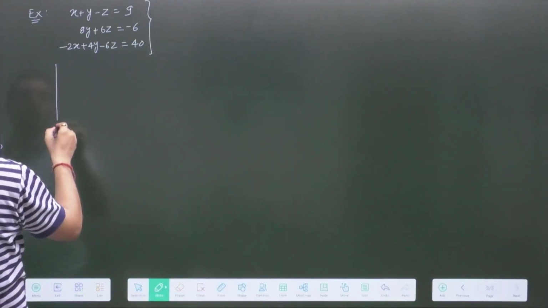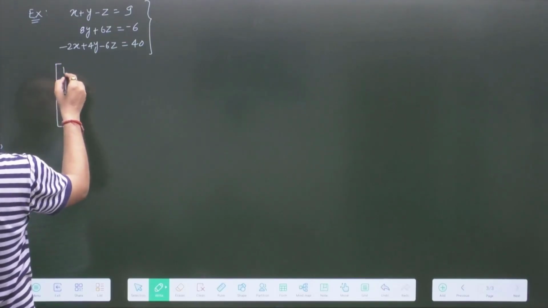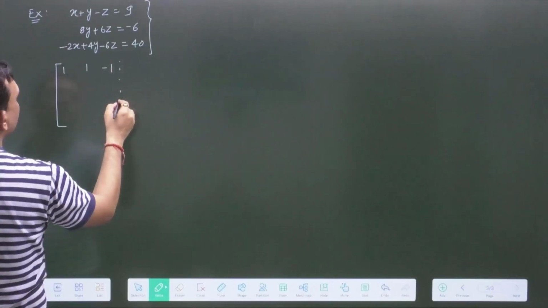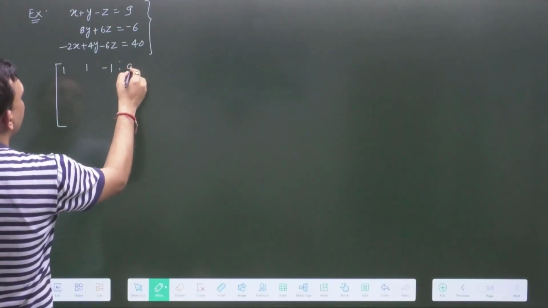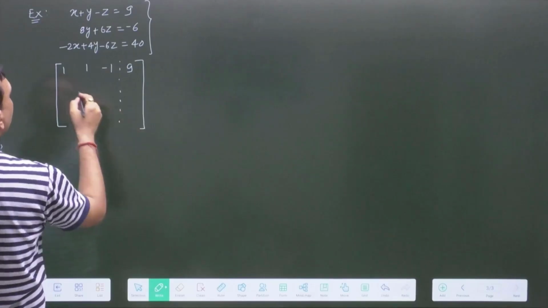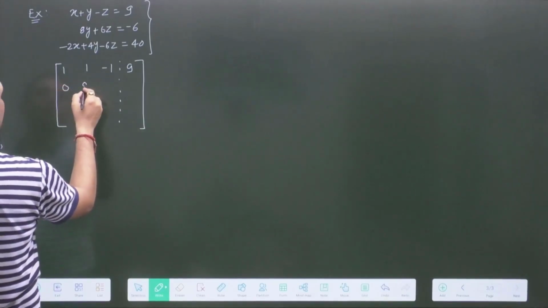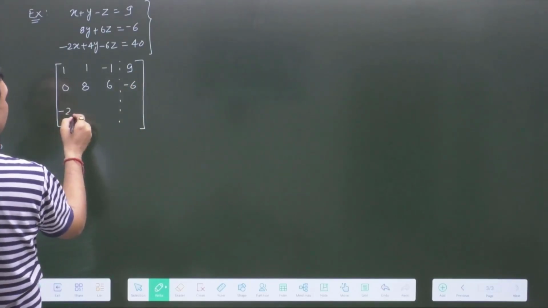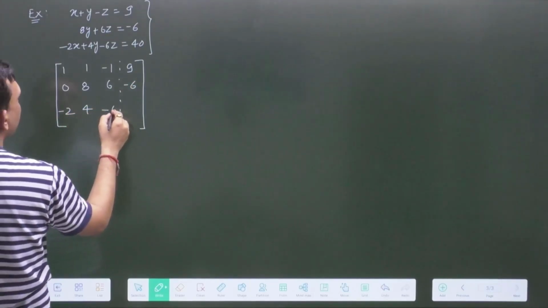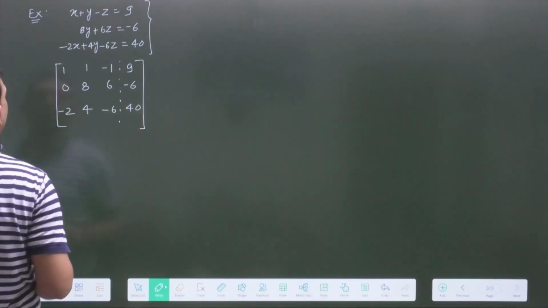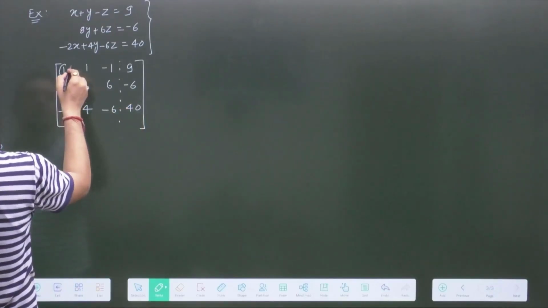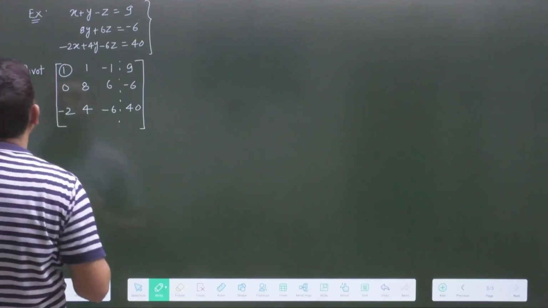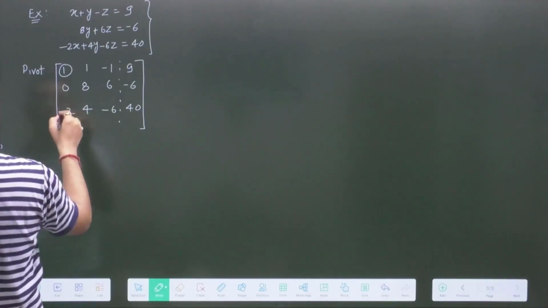So this augmented matrix is 1, 1, minus 1, 9, 0, 8, 6, minus 6, and minus 2, 4, minus 6, and this will be 40. So this is the pivot row and pivot element, and we want to eliminate this.